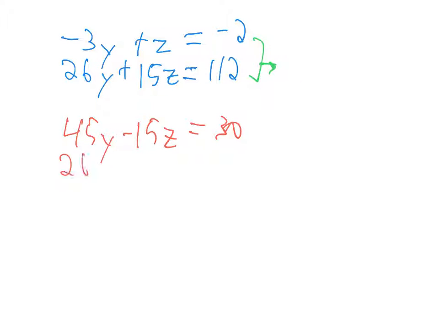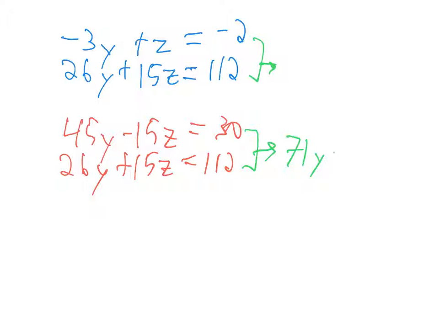And we already had 26y plus 15z is 112. Now we can add these two, and what we end up with is 45y plus 26y is 71y, minus 15z plus 15z is 0, so I don't have to write it down, and 30 plus 112 is 142.